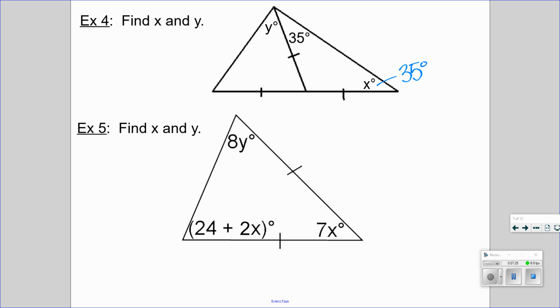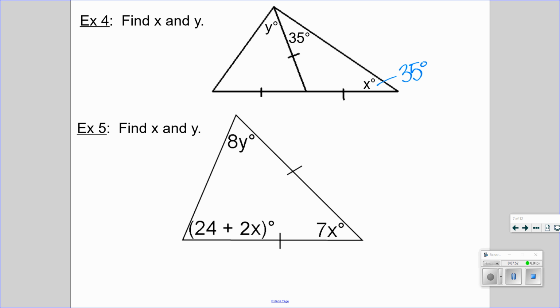And Y. What's true about that 35 and 35? They add up to 70, right? So that's 110.